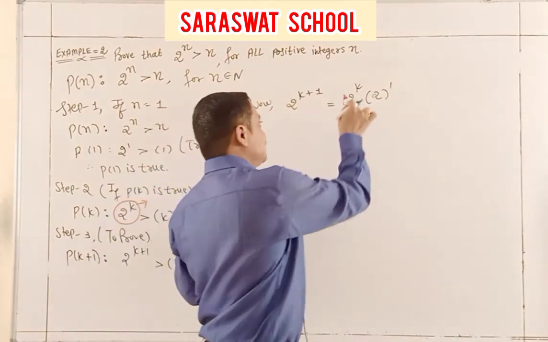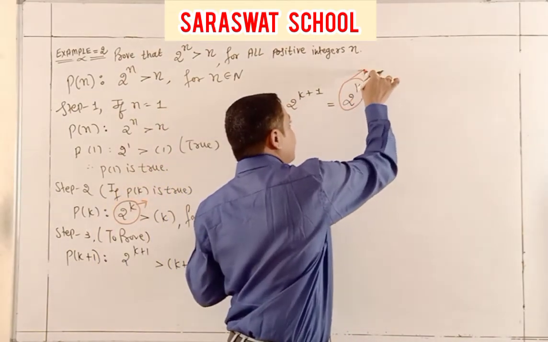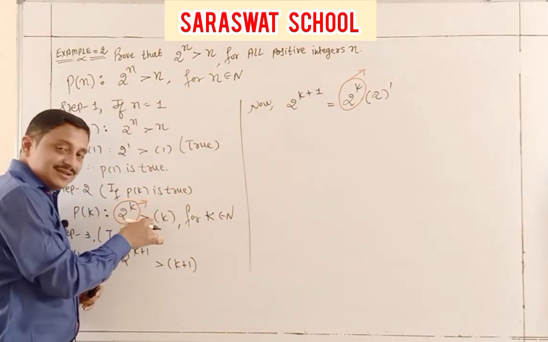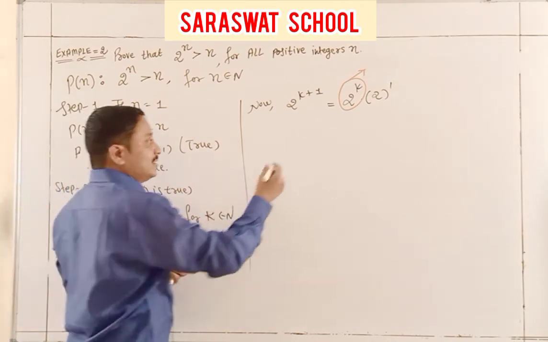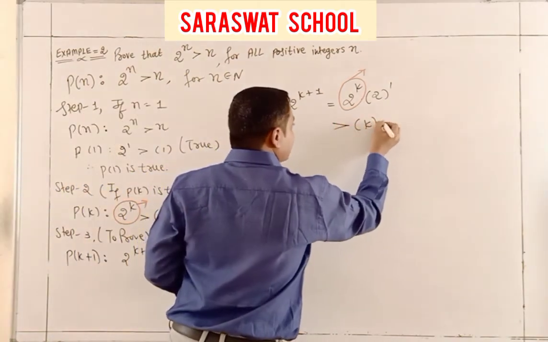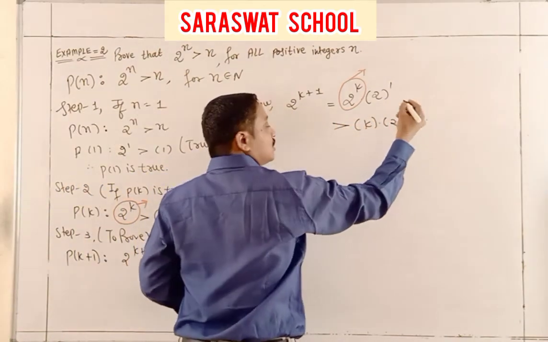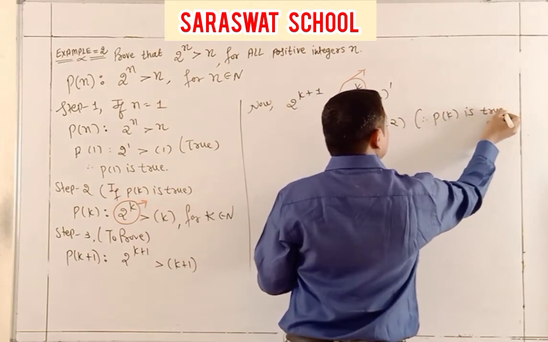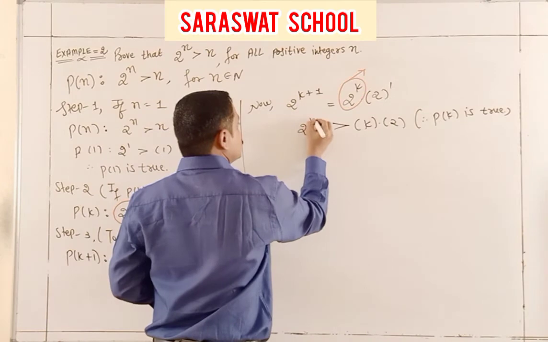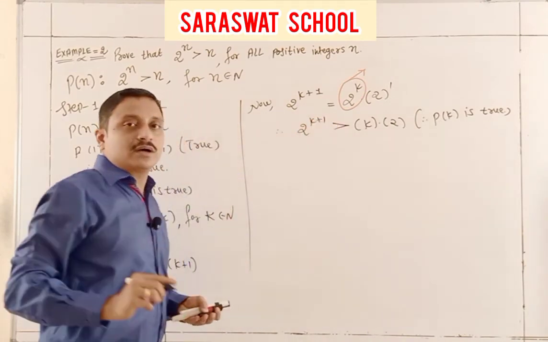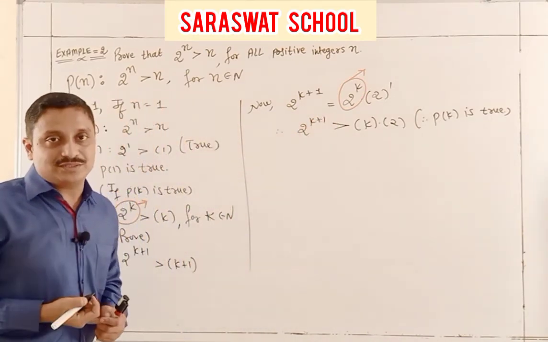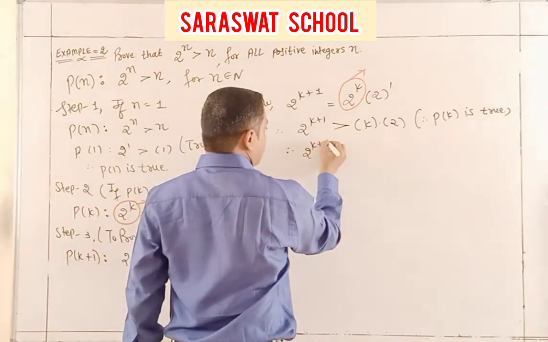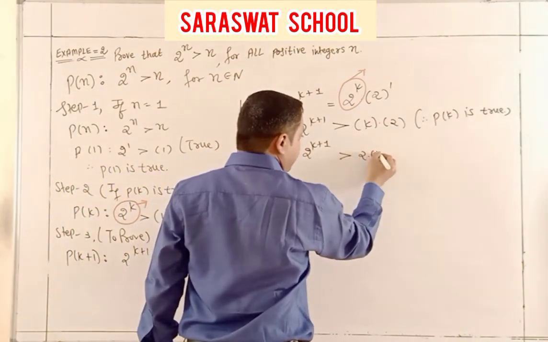And look at that, this is greater than k, because Pk is true. And here, same as 2 raised to k plus 1, which is more than 2k.